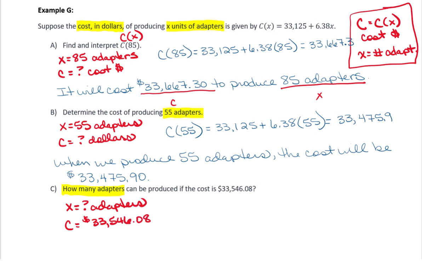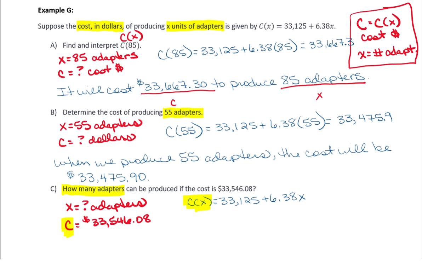So remember, our original equation is C of x equals 33,125 plus 6.38x. This time we don't know the x. They are giving us the C. This C value is the same as C of x.